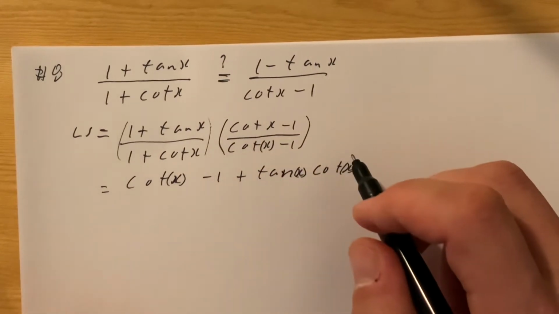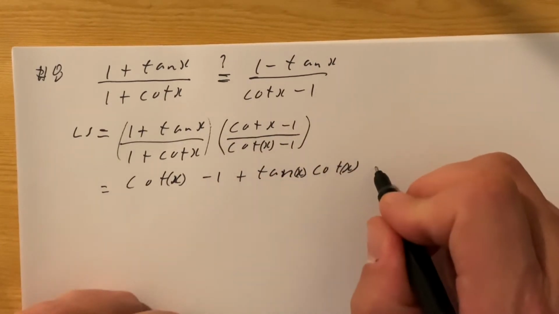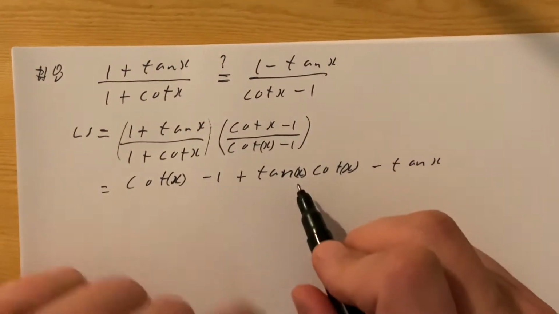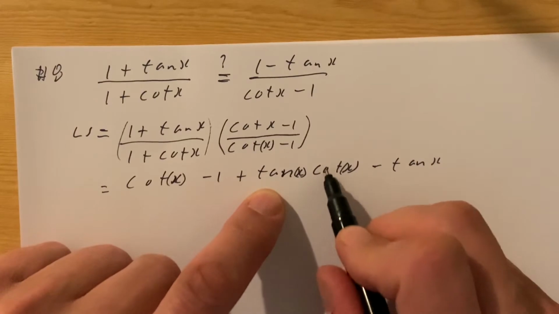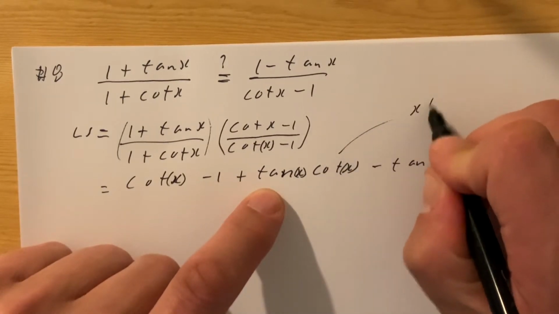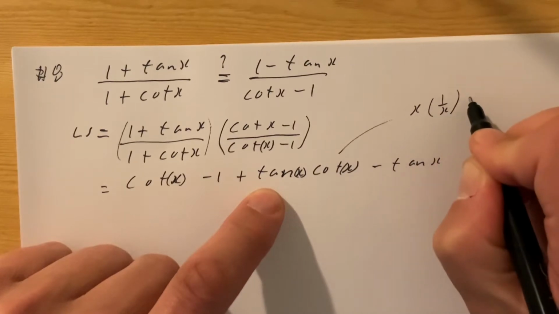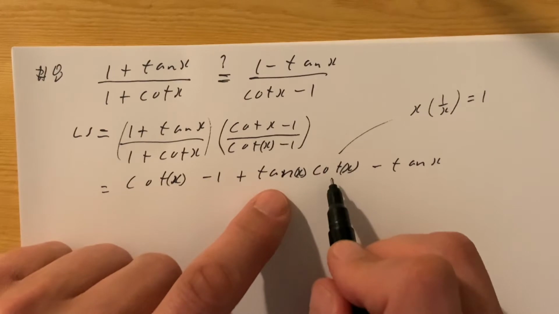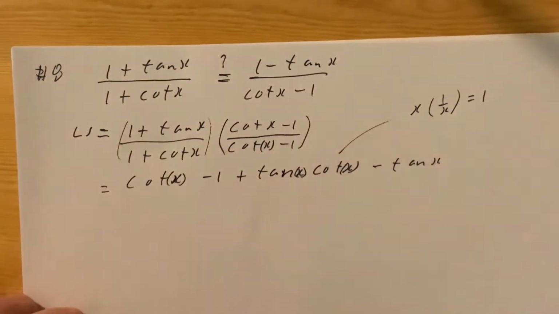Okay, and then tan x times negative 1, so minus tan x. Now, tan x times cotan x, these are reciprocals of each other. This is like multiplying x by 1 over x. That just equals 1. Okay, so tan x times cotan x is equal to 1.